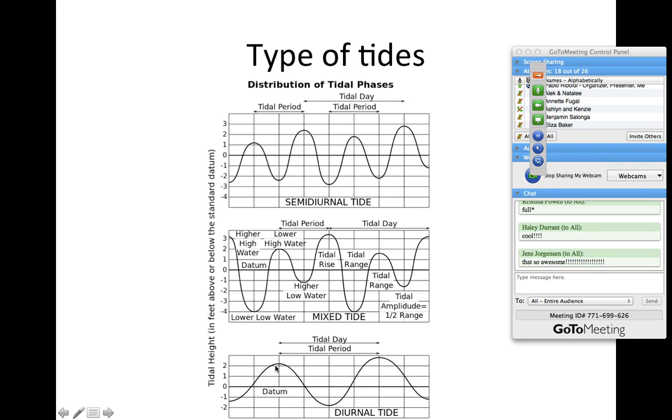Other places have only diurnal tides, meaning that there's only two tides per day. And then you have some places where you have a spring tide, nip tide, spring and nip tide. So the effect changes. And it's not constant all over the world. It really changes between one place and the other.